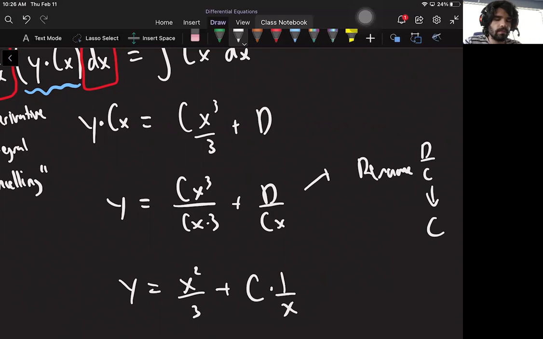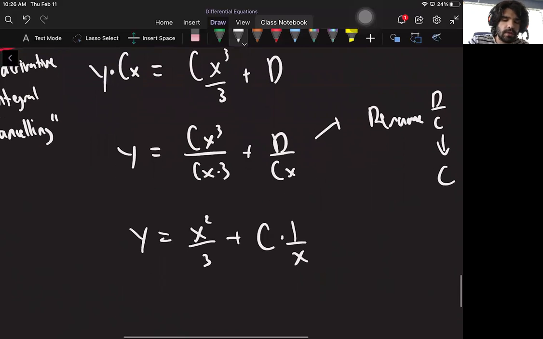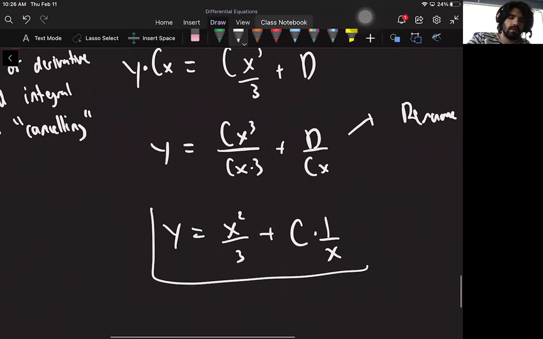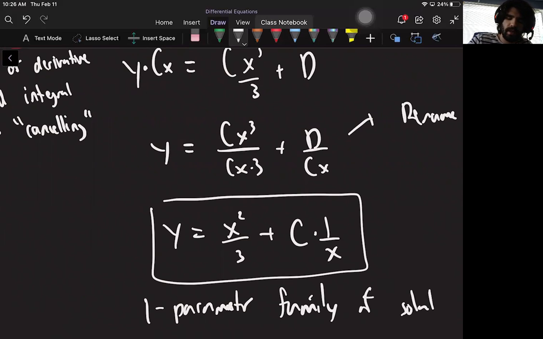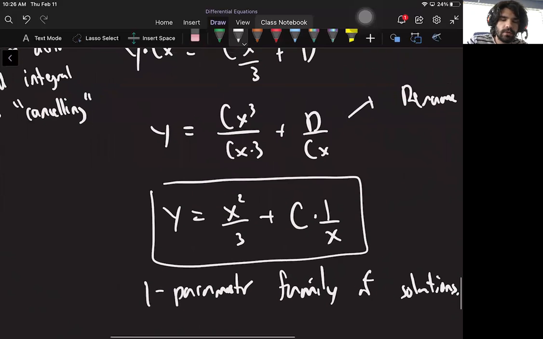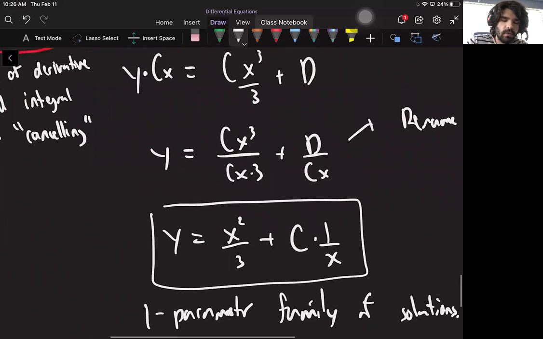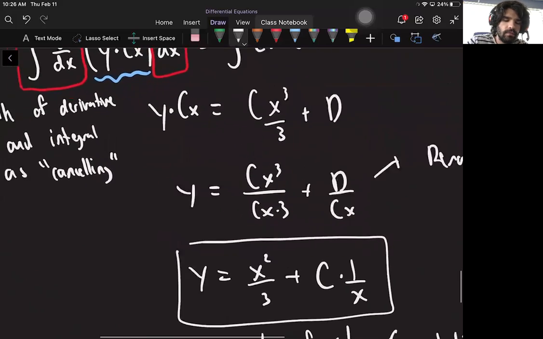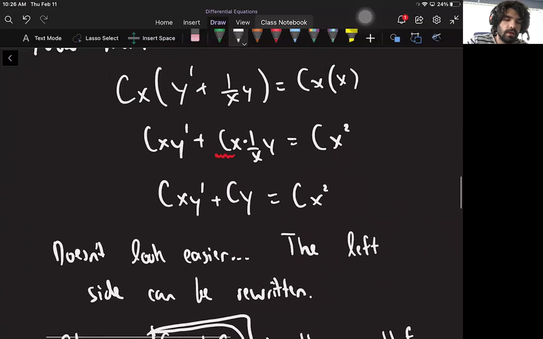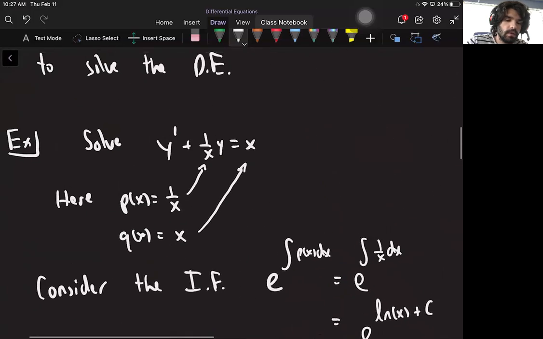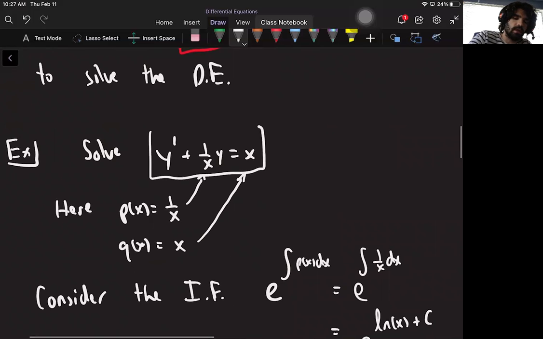That was 1 over x. So this is a one parameter family of solutions. And it's an explicit solution because I've solved for y. Of course, you could check that the technique actually worked by taking the derivative, plugging it back into the original differential equation way up here, and seeing that it works out.